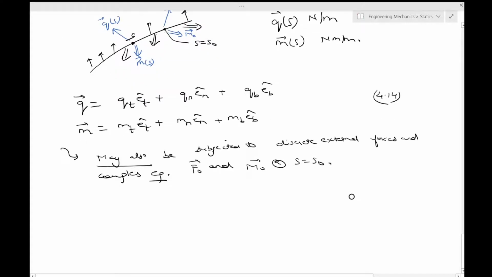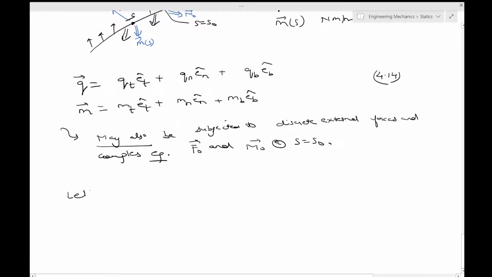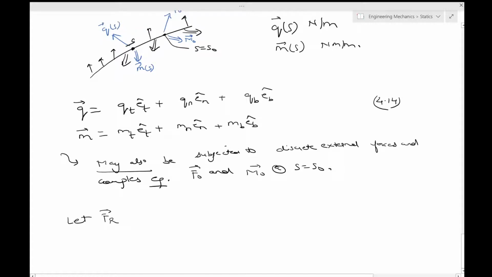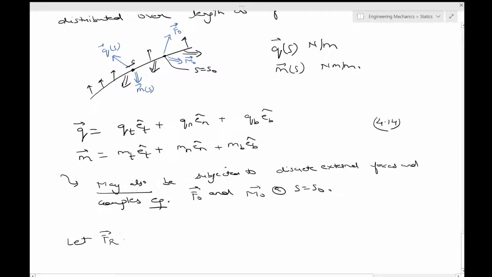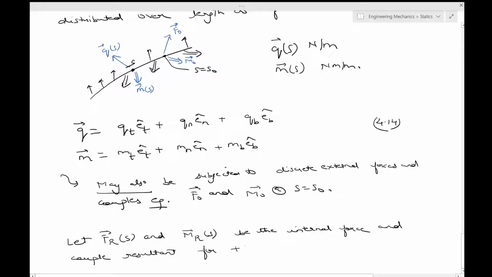Now let F_R of S and M_R of S be the internal force and couple resultant for the positive face.